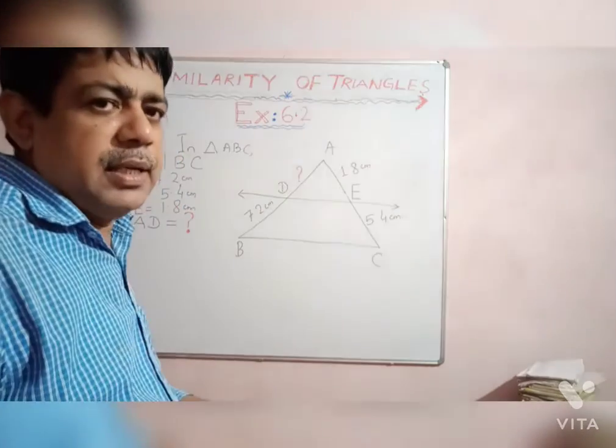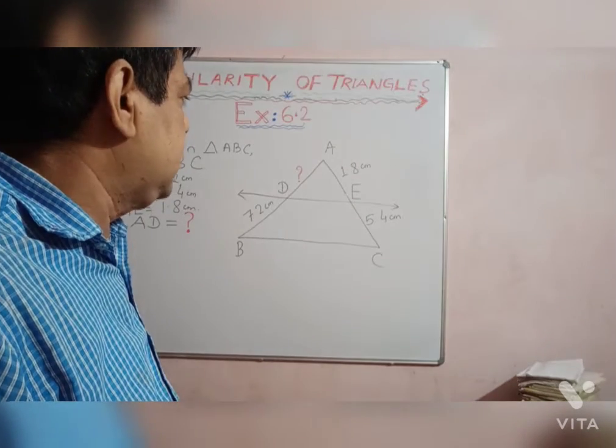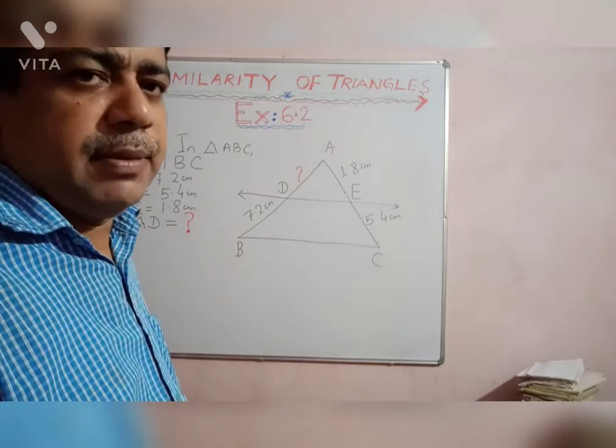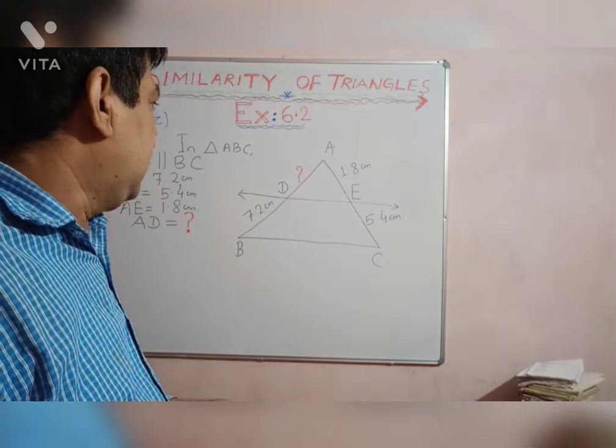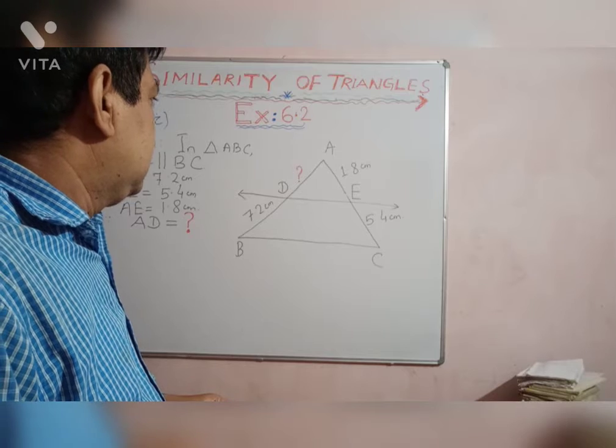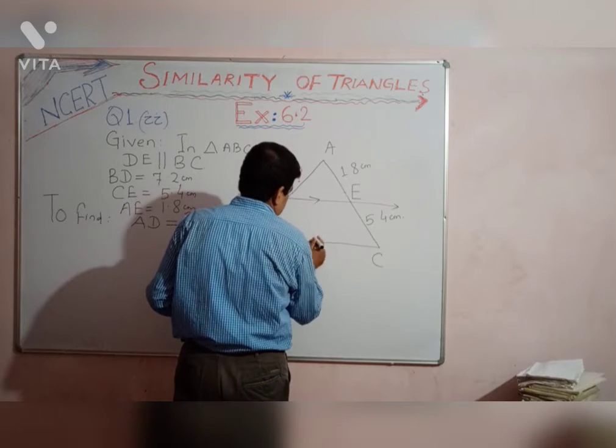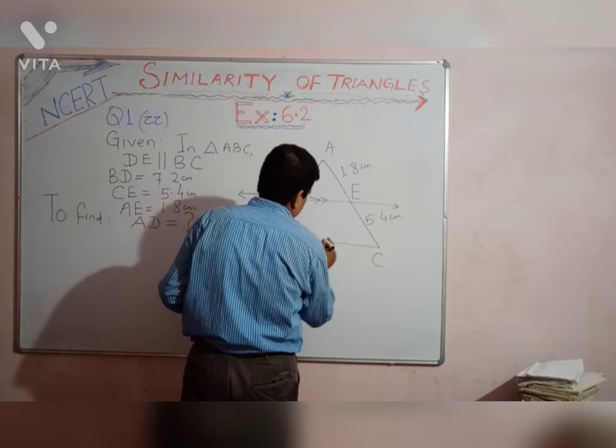Here it is given that in the triangle ABC, DE is parallel to BC. Is it clear? DE parallel to BC.